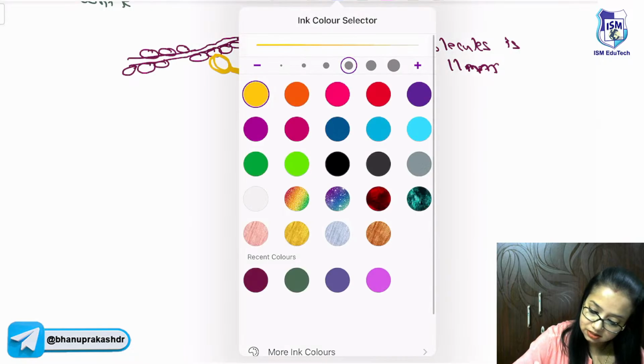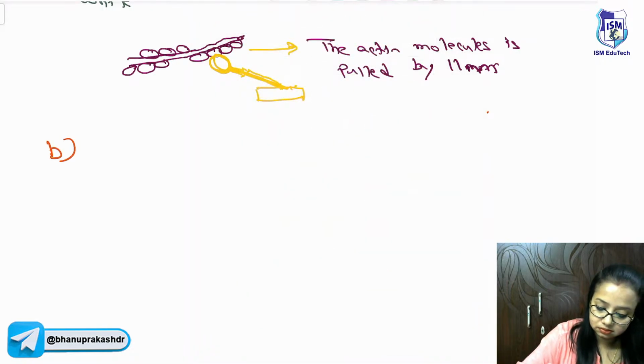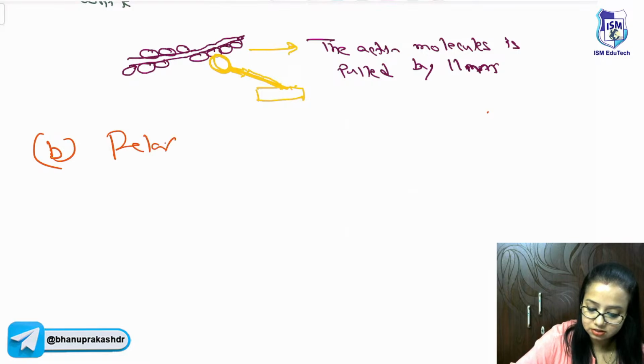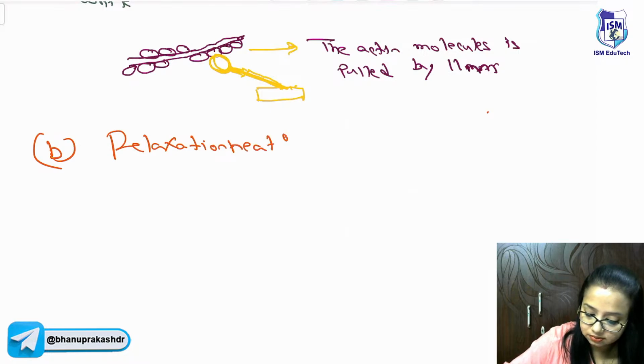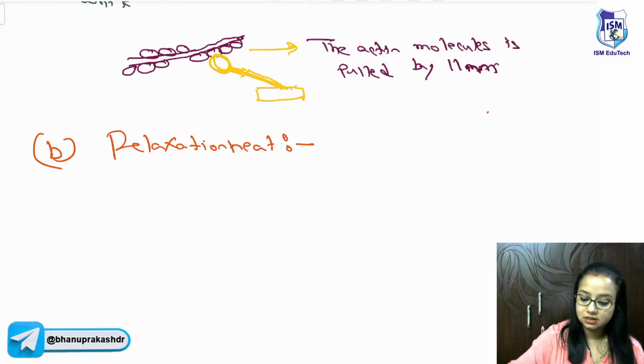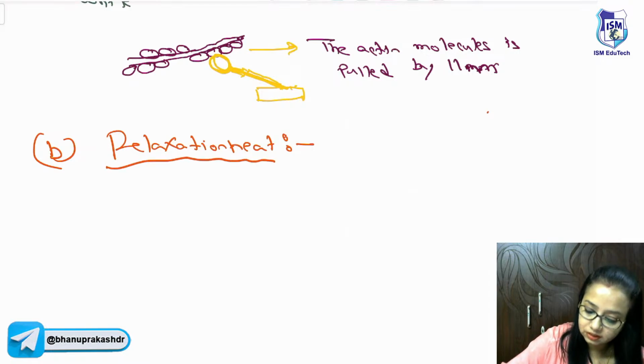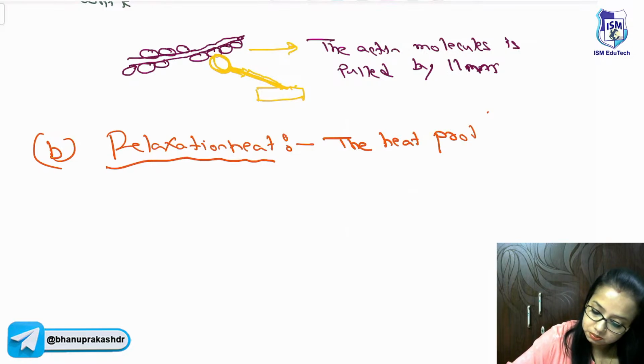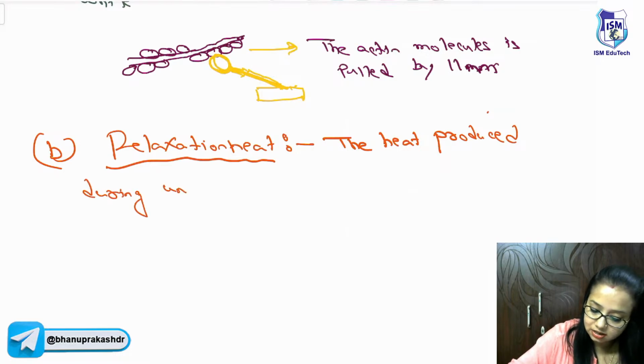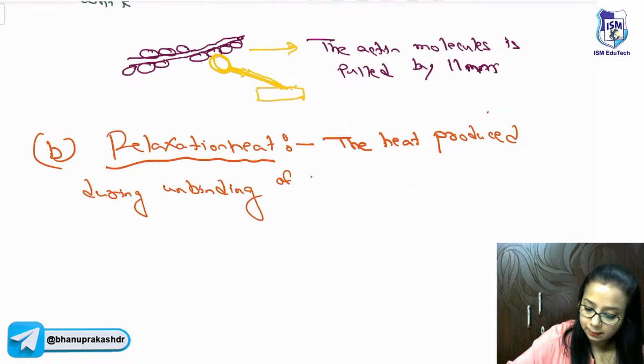Next is the relaxation heat. It is the heat produced during unbinding of myosin from actin.